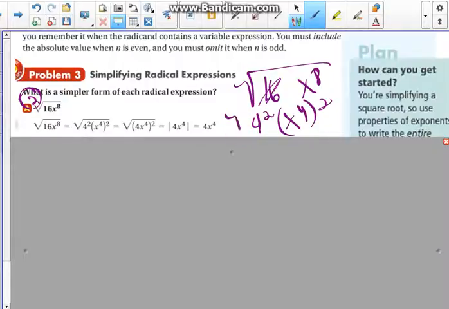So now we have the square root of 4 squared times x to the 4th squared. Now we can rewrite this as 4x to the 4th, squared. And now we can clear the radical sign and the power. And don't forget, because it was even, you've got the absolute value of 4x to the 4th.